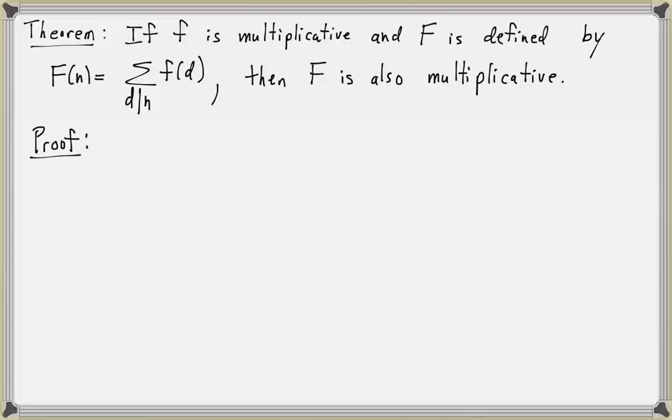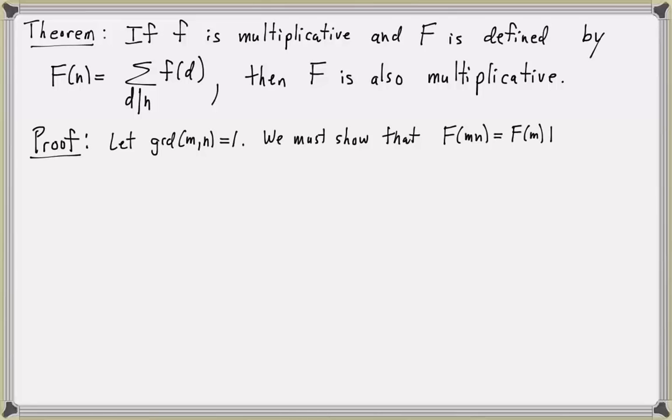So let's begin with a couple of relatively prime integers. Let GCD of m and n be 1. Then we need to show that capital F of m times n equals capital F of m times capital F of n. So let's begin with capital F of m times n.